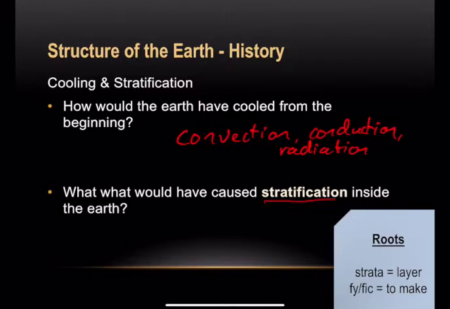Oh, stratification. I said we were going to get to this. Strata means layers again, and phi thick. So strata and thick to make. So the Earth is made of layers.